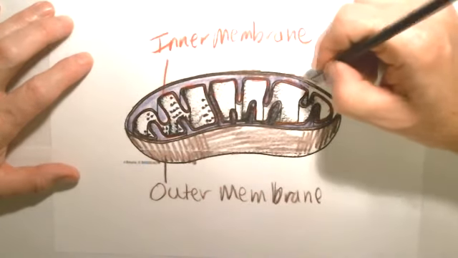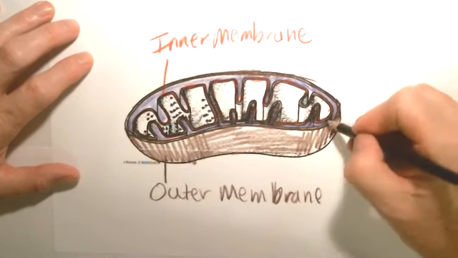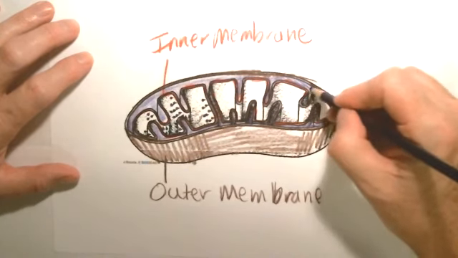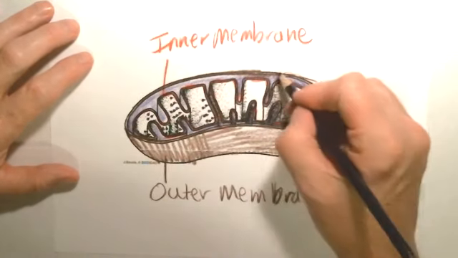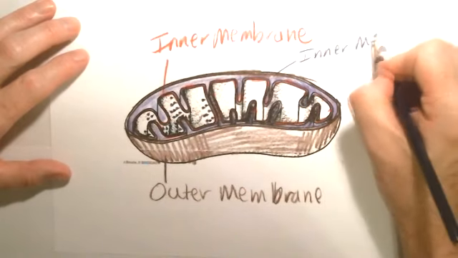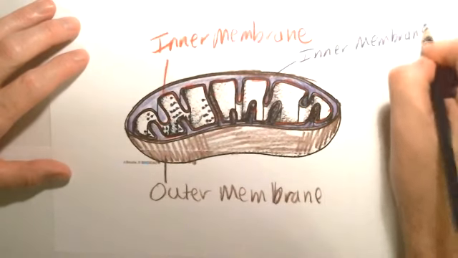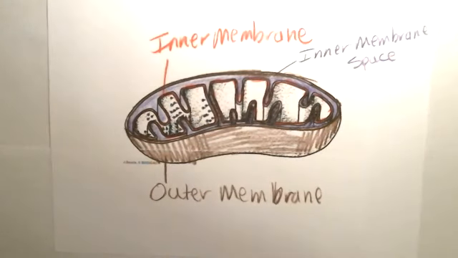But for pre-AP, all you really need to know is that it's called the inner membrane space. And then again, for IB or AP, you need to know about the hydrogen ion concentration. So this is the inner membrane space. Again, we're not being very imaginative in our names here.